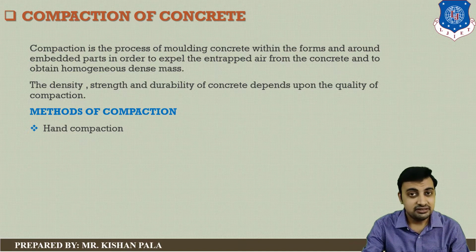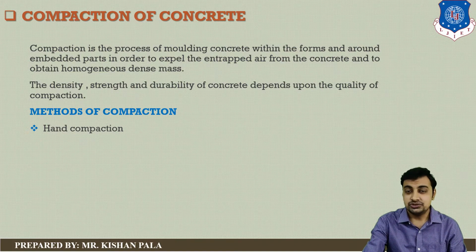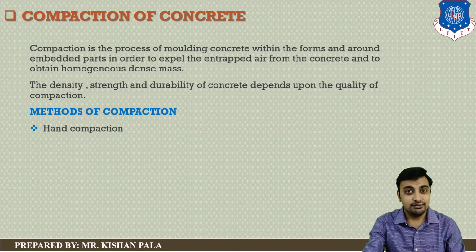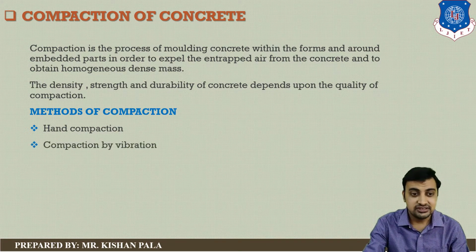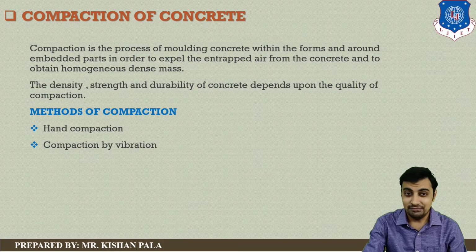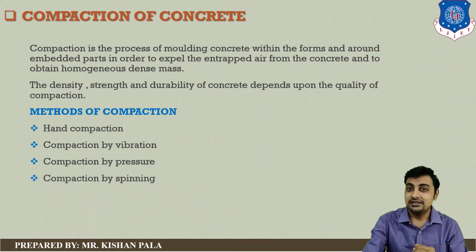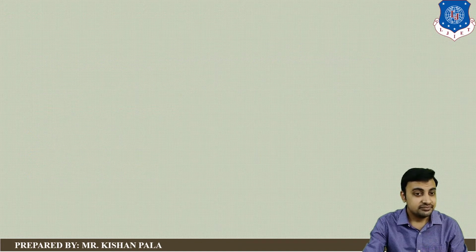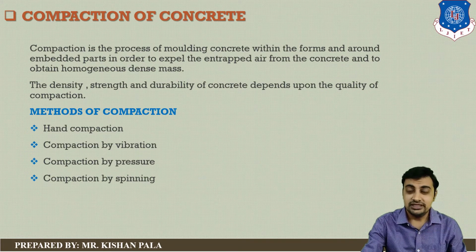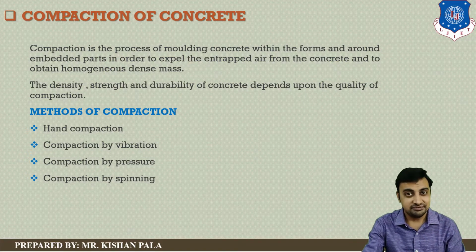There are many methods available. You can choose any one depending upon the site situation and the requirements, like hand compaction, compaction by vibration, compaction by pressure, compaction by spinning. So these are the methods you can use for the compaction.